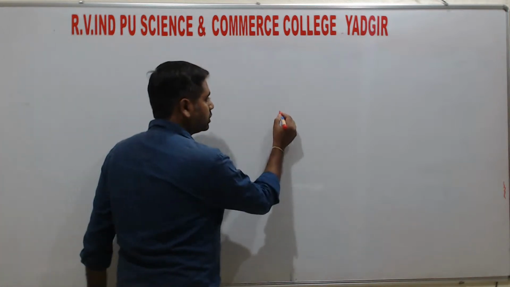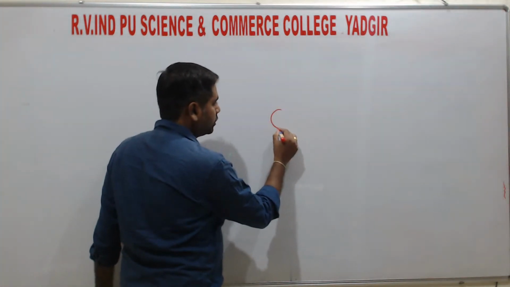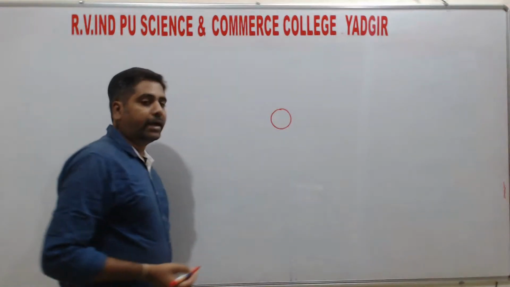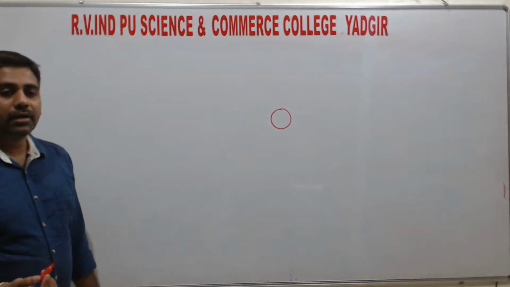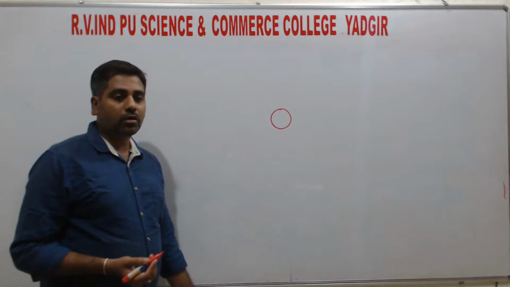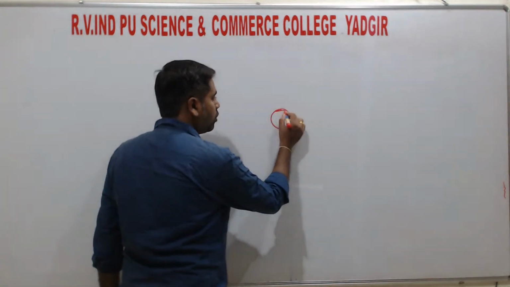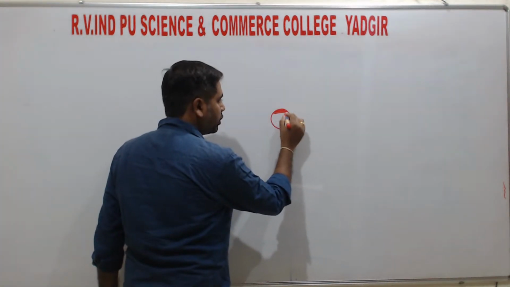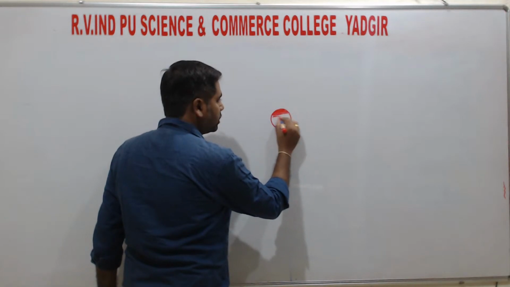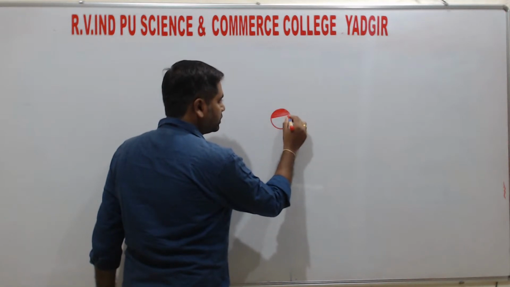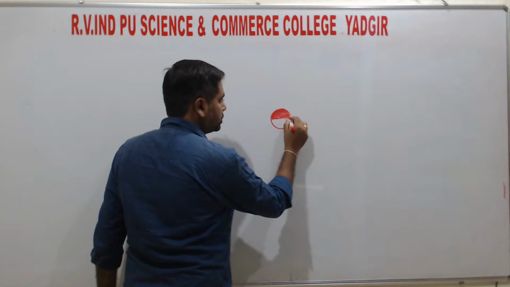According to the Rutherford hypothesis, the entire positive charge and the entire mass of the atom is concentrated in a small volume, which he called the nucleus. So the nucleus is positively charged.